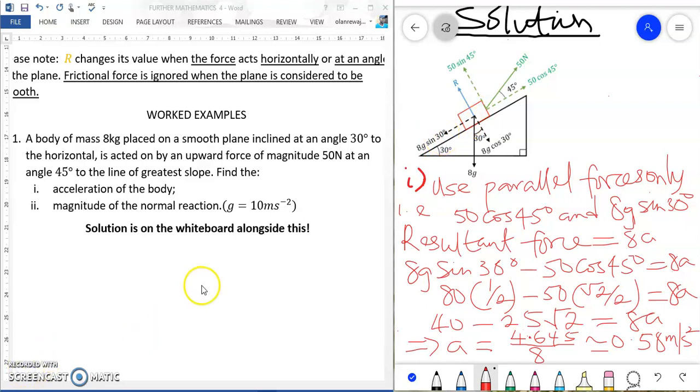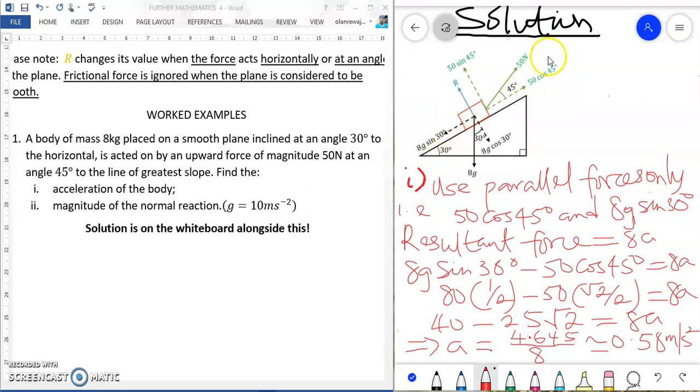Please note that we are only told that the force acts on the body in an upward direction, and not that the force moves this body up the plane. So whether this body moves up or down the plane depends on the greater force between the forces acting parallel or along the plane, which are this and this.